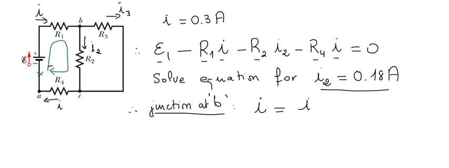So I equals I2 plus I3. We can deduce I3, and this will give you I3 equal to 0.12 ampere. So that's my solution. There are other solutions, but this is the solution that I propose to solve this problem.